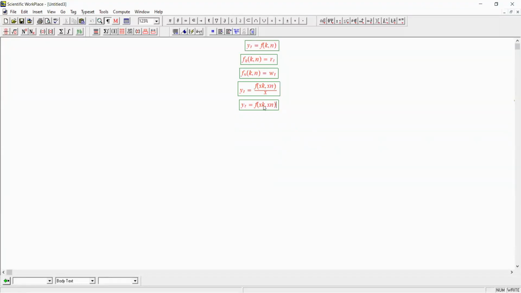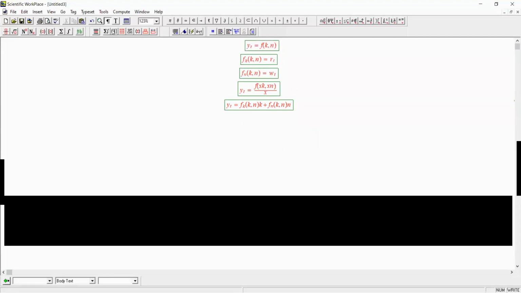And the derivative of this by x is, of course, this plus that times k times n. So where does that get us?